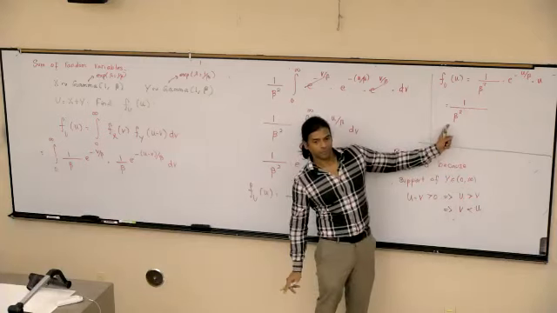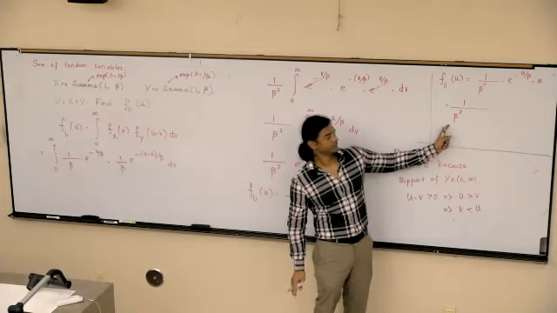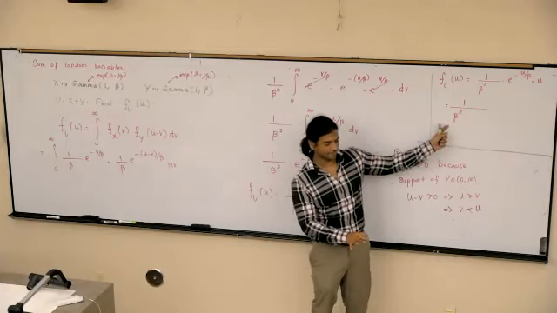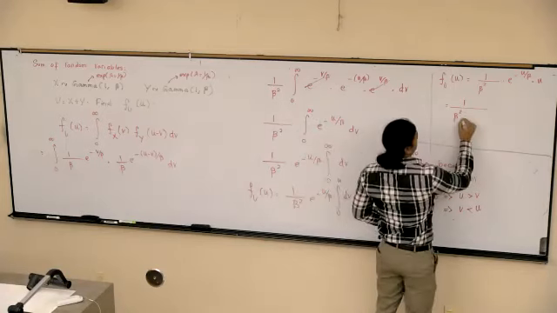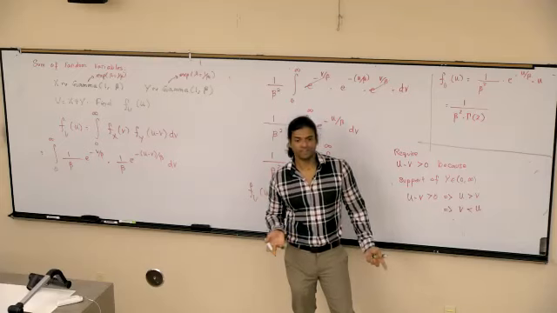I'm going to throw in some stuff here. Gamma of 2. Gamma of 2 is 1 factorial. 1 is just 1.